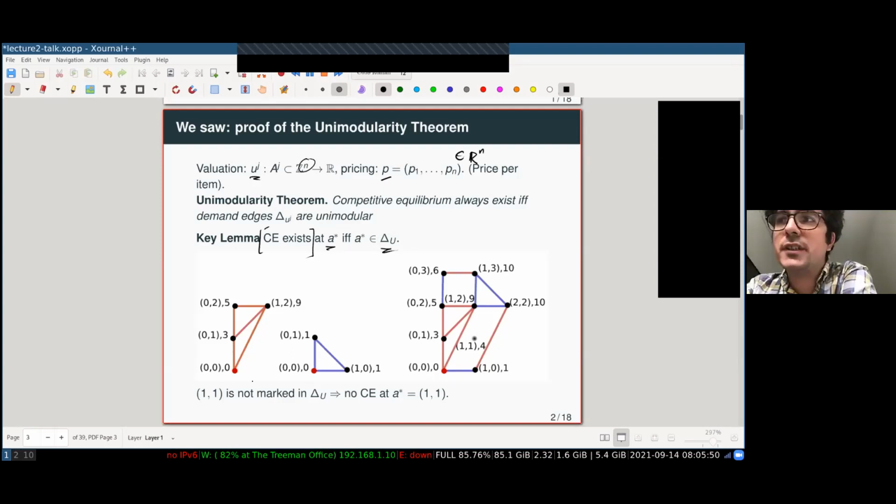Sorry, there was a question. Could you remind us what it means that a set of edges is unimodular? A set of edges in dimension n is unimodular if you take a subset of n that's non-singular, that's linearly independent, you take the determinant, and that determinant is always +1 or -1.